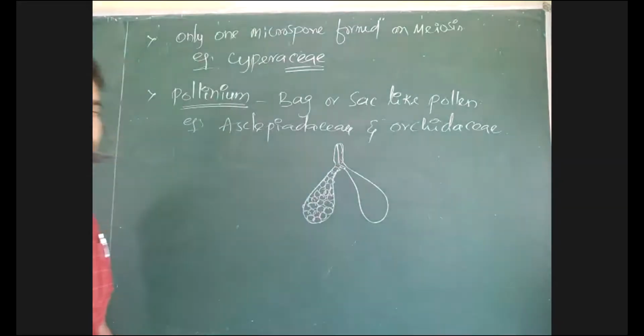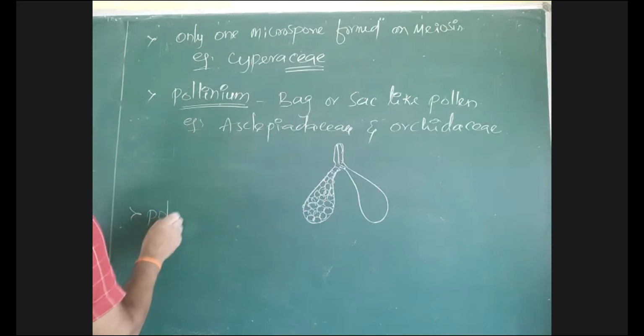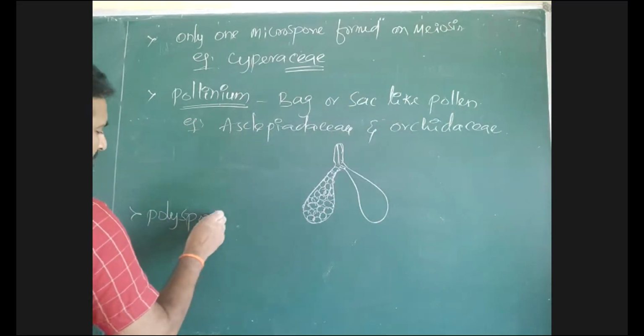This type of pollen grain group is called a pollinium.